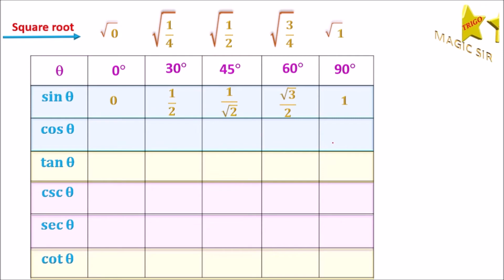So we write cos 0 degree is equal to 1 in the reverse order. Cos 30 degrees is equal to root 3 by 2. Cos 45 degrees is equal to 1 upon root 2. Cos 60 degrees is equal to 1 upon 2. And cos 90 degrees is equal to 0.